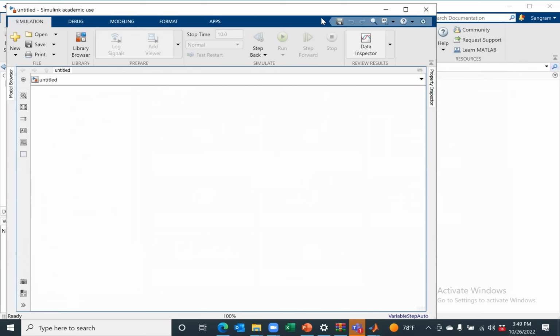I don't know if you see my screen, but I'm going to write this over here. My transfer function, m is equal to 1, k is equal to 1. So my transfer function is 1 divided by s square plus 1.